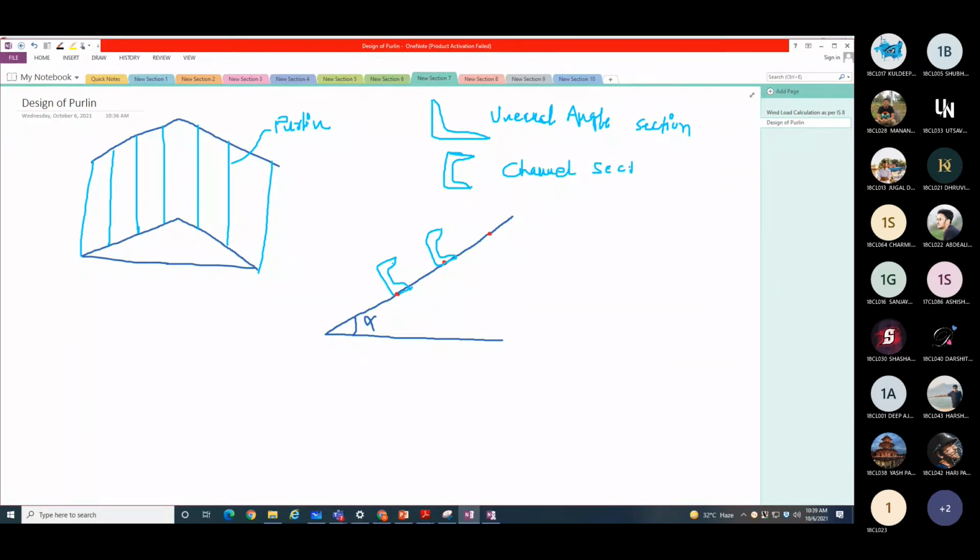And if both of these do not give a safe design, then after that you can go with the tie section. Clear, everyone?